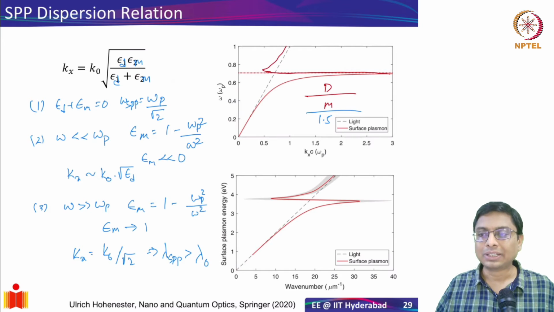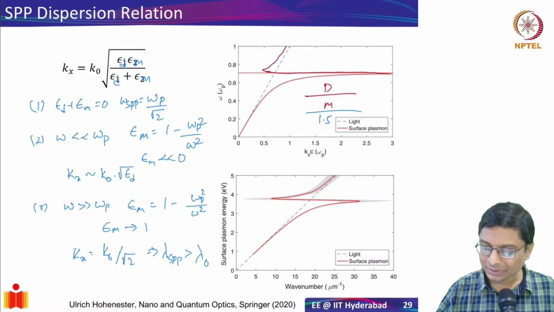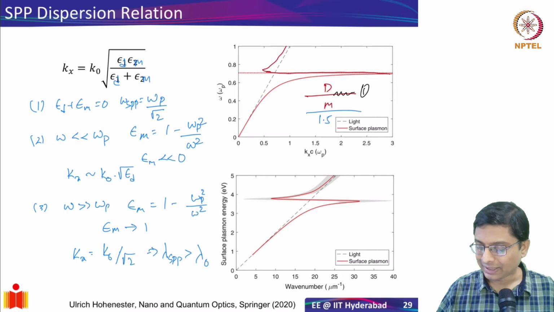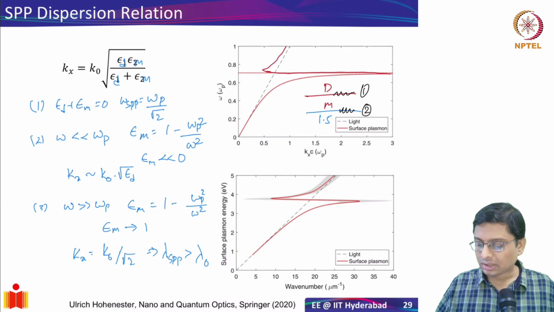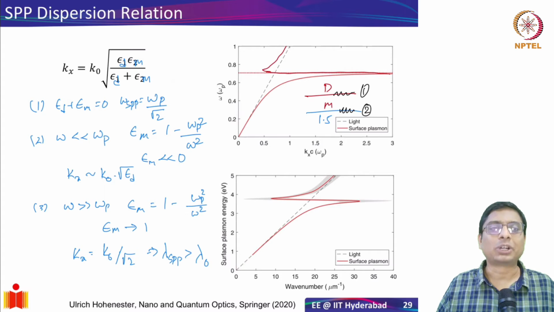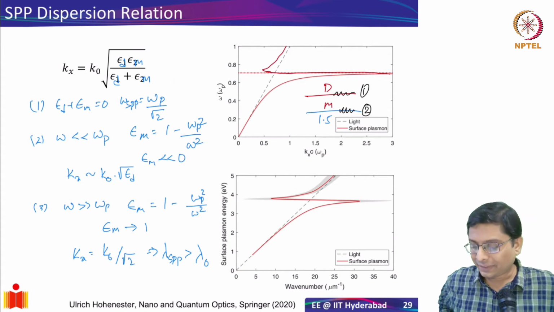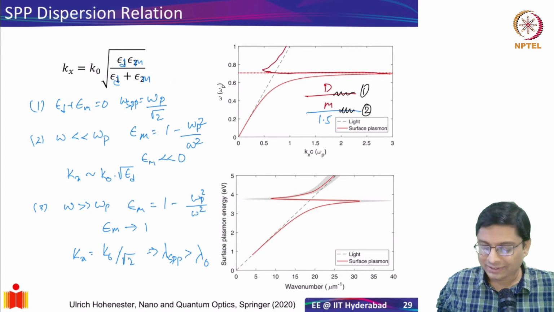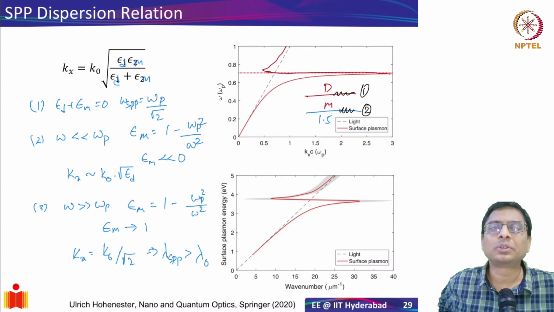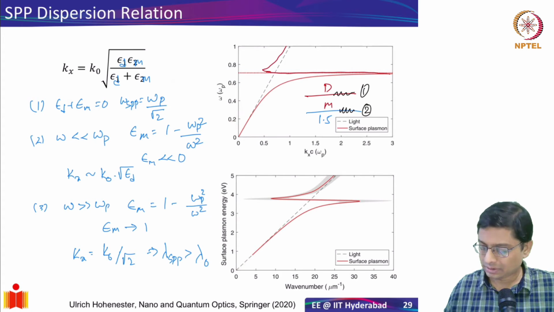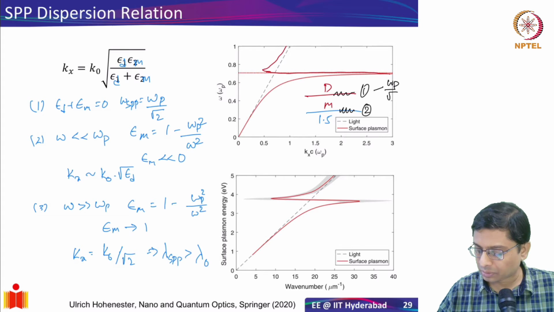Okay. Now, if I think of this medium, so you have this SPP propagating on one interface. Let's call it interface 1. And second interface is SPP propagating at the metal and dielectric interface, the bottom interface. There are these two interfaces. So let's say interface 1, I mean air and metal interface, there is a SPP. We already know omega SPP equal to, in this case, omega p by root 2, right?